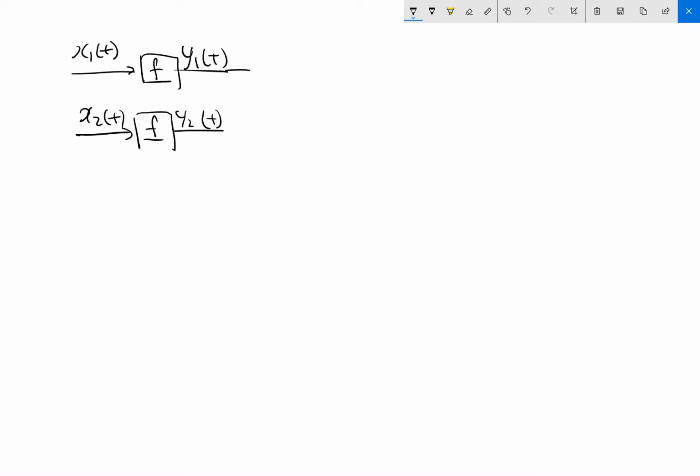And then we do the linear combination. Then we are going to have a scalar times y1(t) plus a scalar times y2(t). This is first going through the system and then doing linear combination.